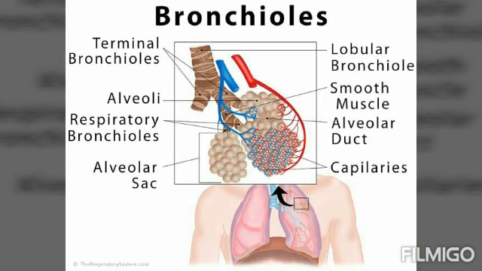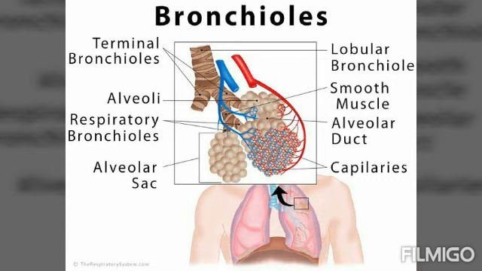This is known as physiologic dead space. These respiratory bronchioles then lead into alveolar ducts and alveolar sacs and then alveoli. The oxygen and carbon dioxide exchange takes place in the alveoli.